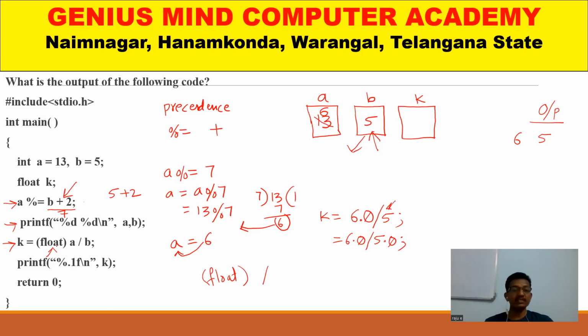And the first one is called an explicit conversion. And here this is called implicit type conversion. So now we have two operands of the same type, floating point type, 6.0 slash 5.0. If you divide 6.0 with 5.0, then we will get an answer of 1.2.